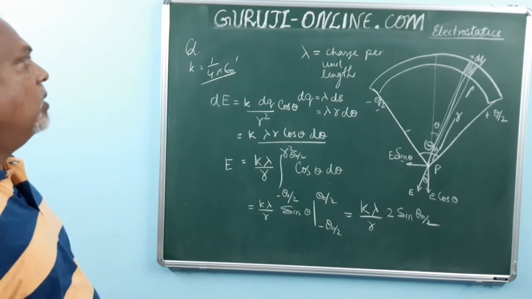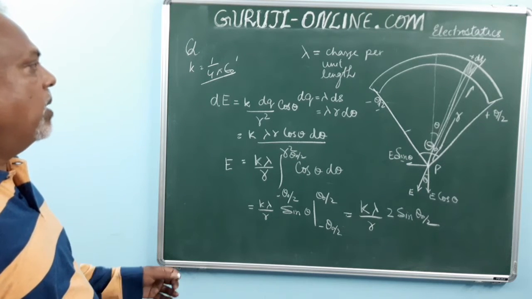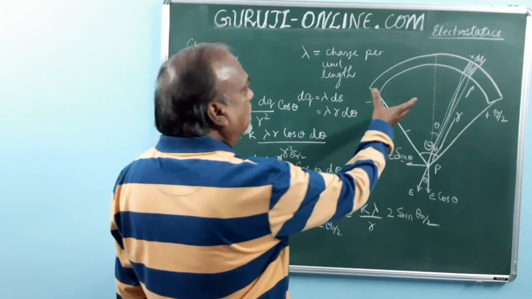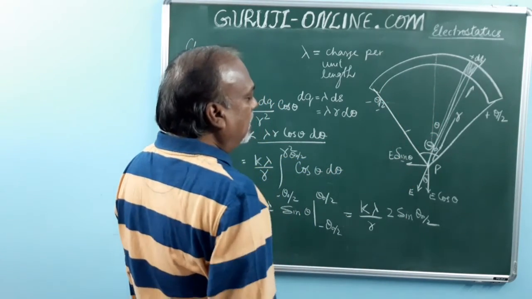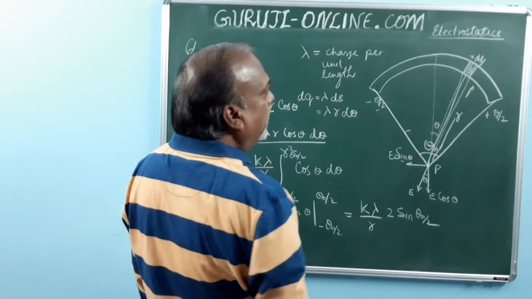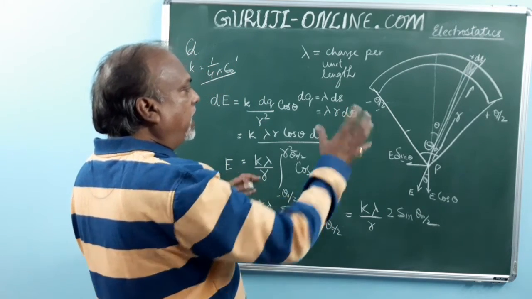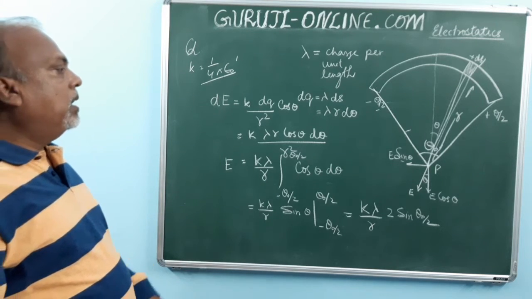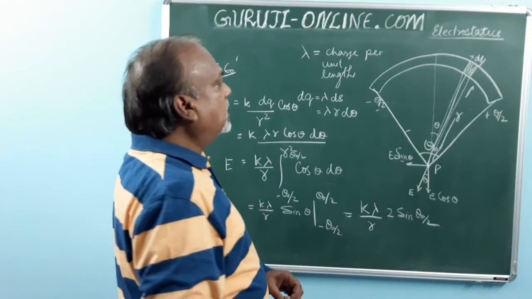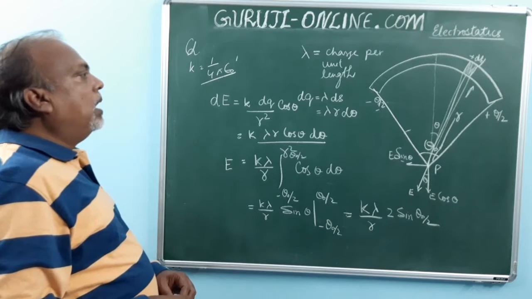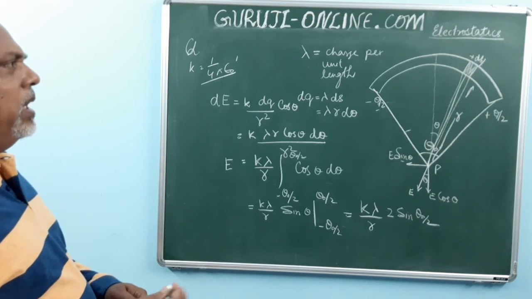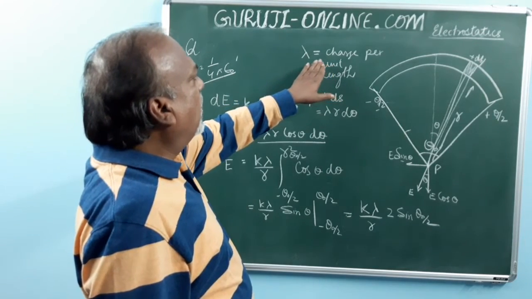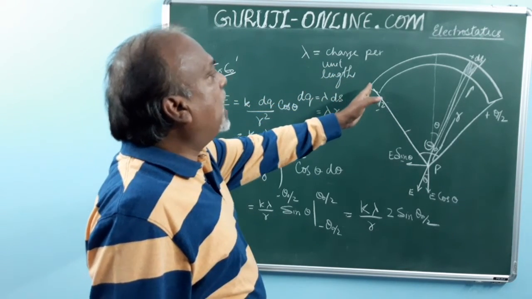So this is how we can solve this problem. Now suppose this is a semicircle, so accordingly we can put theta 0, or at any angle we can find out what will be the electric field at the center. And in some problems maybe lambda is not given, charge per unit length; the total charge is given.